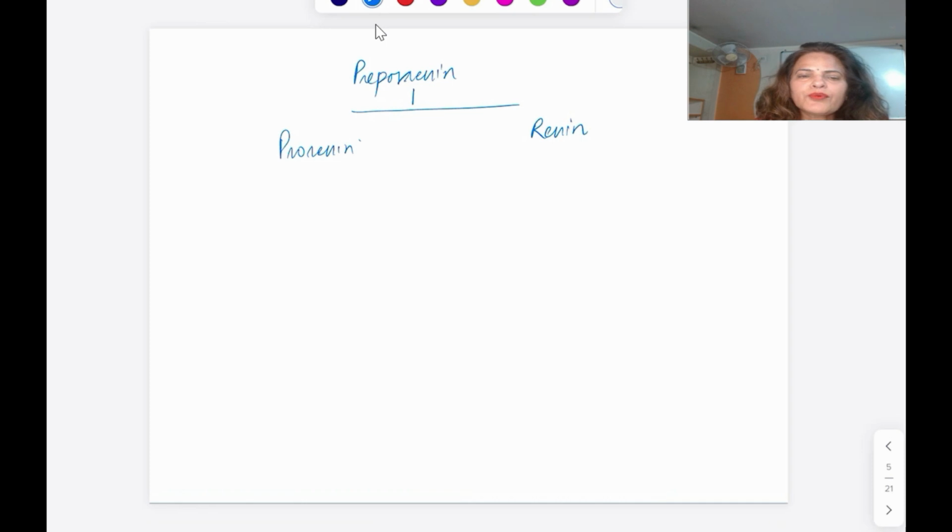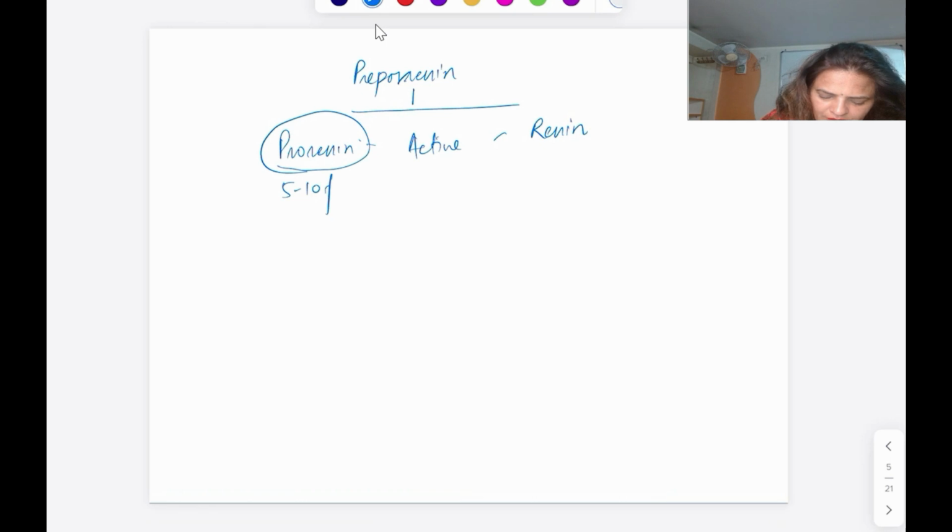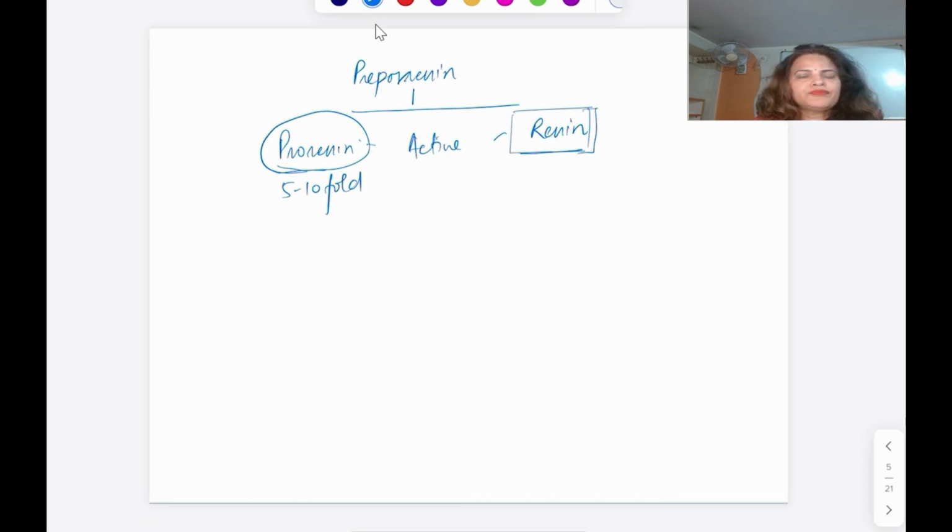It is not that prorenin is inactive; both of them are active forms, and the amount of prorenin is 5 to 10 fold more compared to renin.